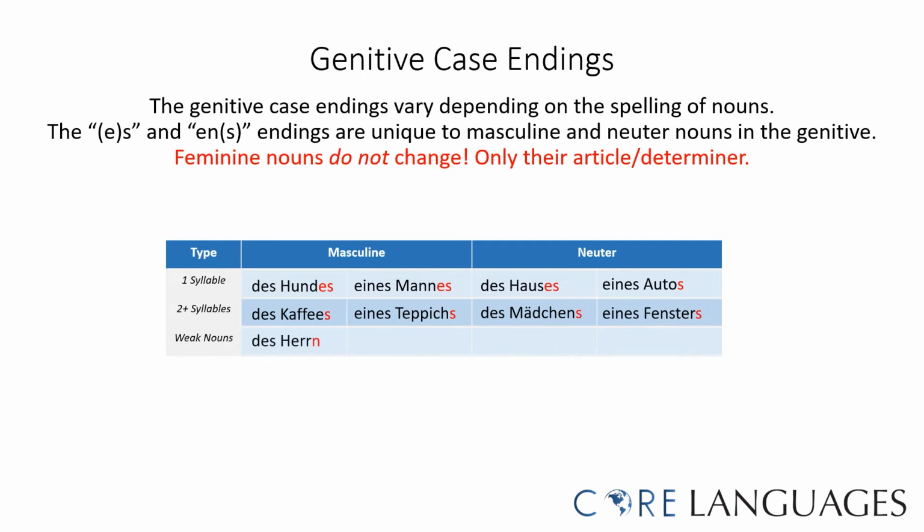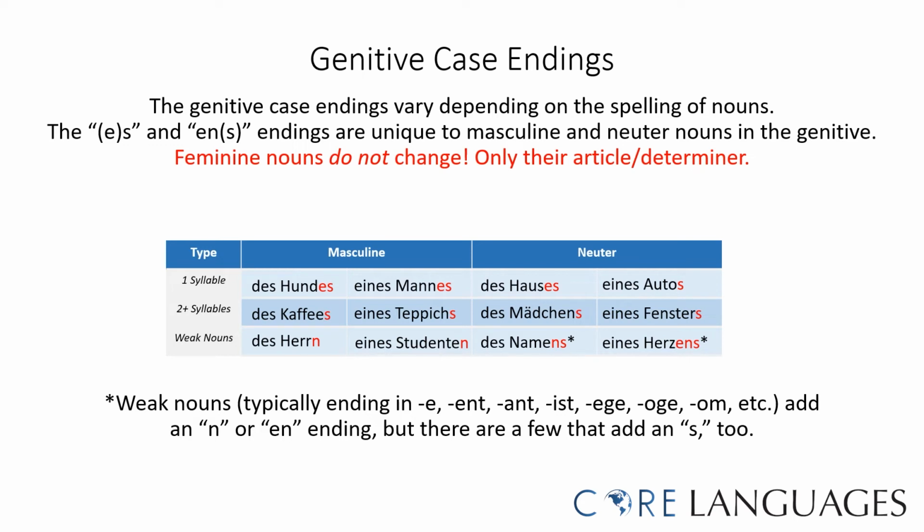Des Herrn, of the man, or of the sir or mister. Eines Studenten, of a student. Des Namens, of the name. And eines Herzens, of a heart.